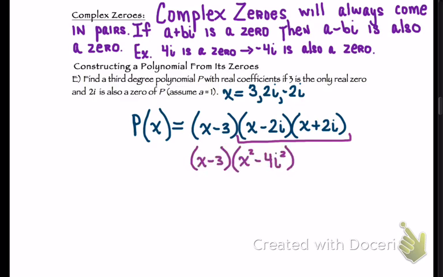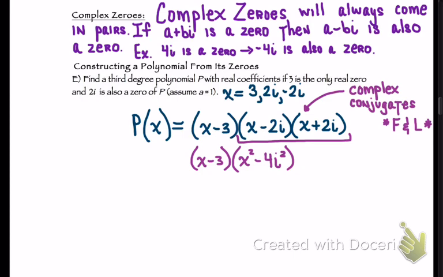Tell me, why did I only multiply the first and the last terms? I didn't multiply the inside and the outside. Hopefully you remember that they are complex conjugates of each other. When I know I have complex conjugates, I only have to multiply the first and the last. Voila, that's why I did it.